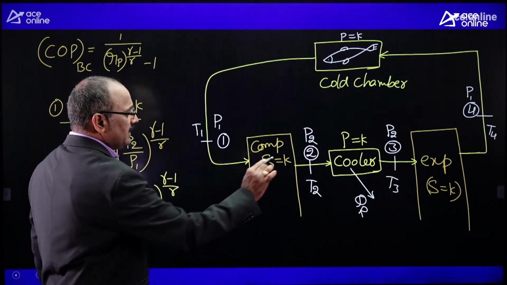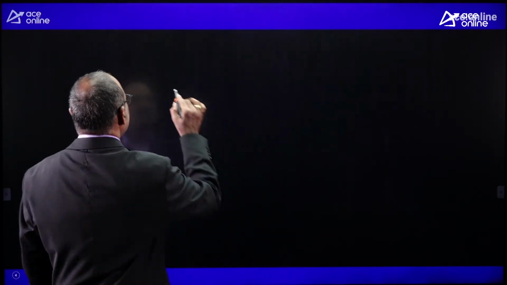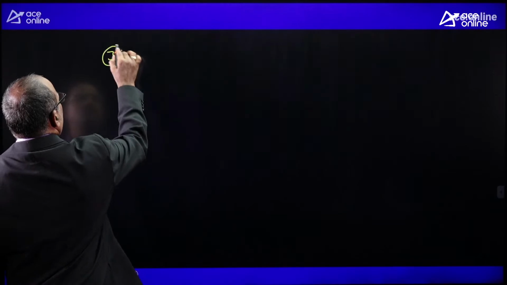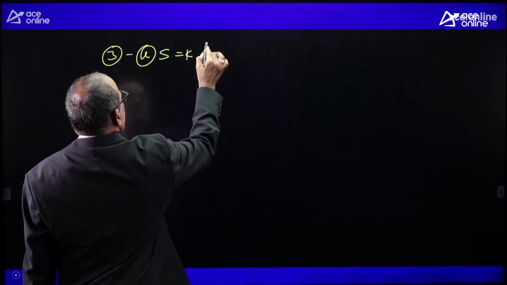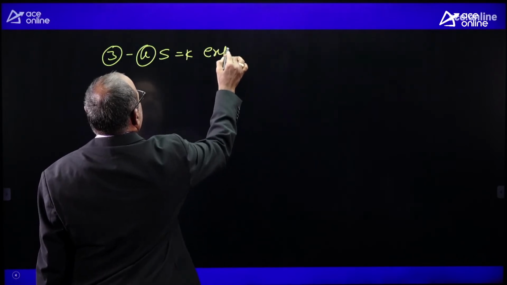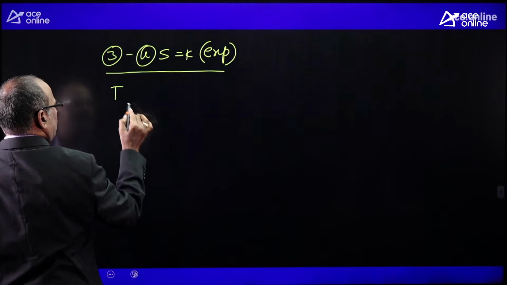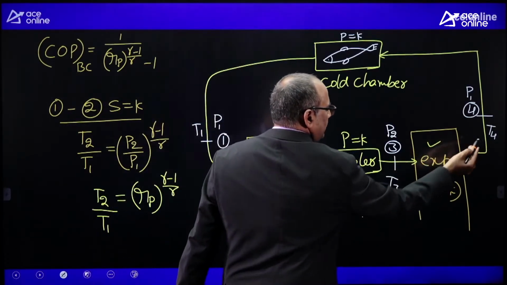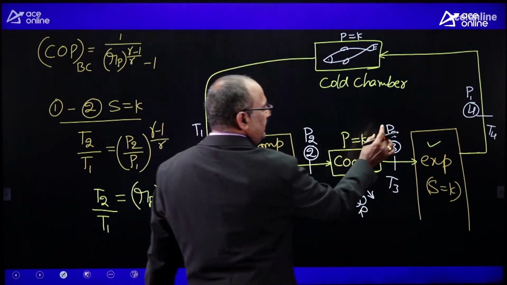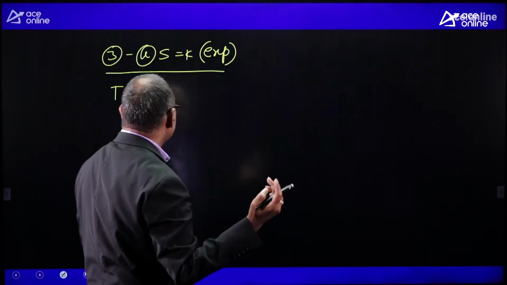Okay? Similarly, the process 3 to 4 is also an isentropic expansion process. For that expansion process, I can write the temperature before expansion by the temperature after expansion equal to the pressure before expansion by the pressure after expansion.